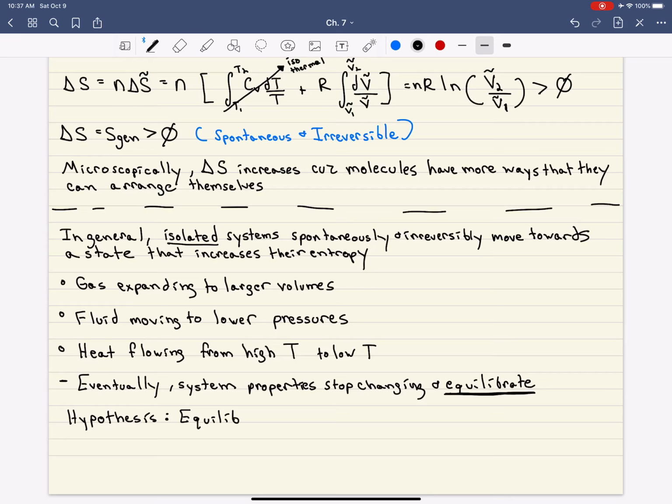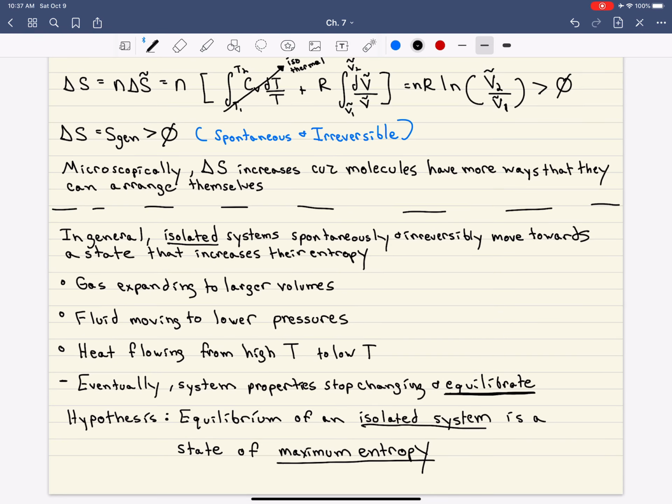And so our hypothesis is going to be that the equilibrium of an isolated system, we're going to say that the equilibrium state is the state in which the system has reached a maximum entropy.